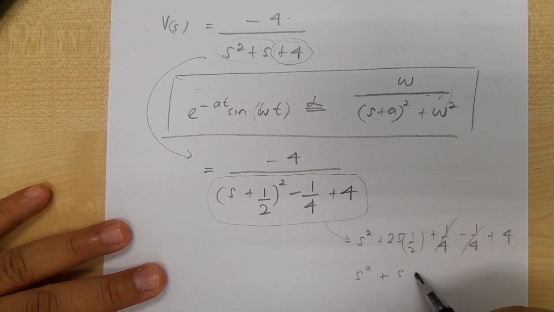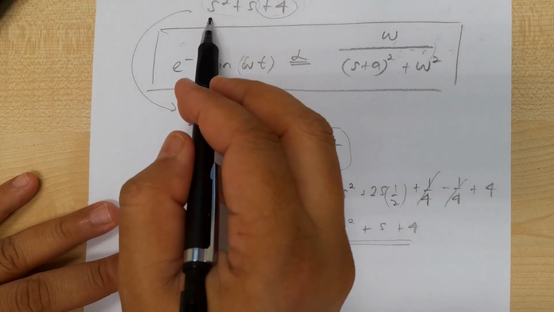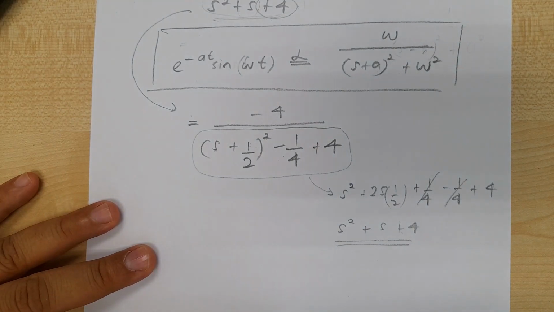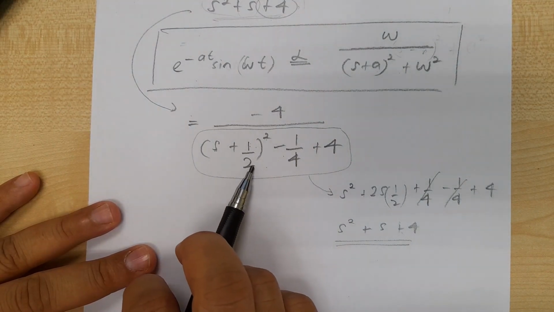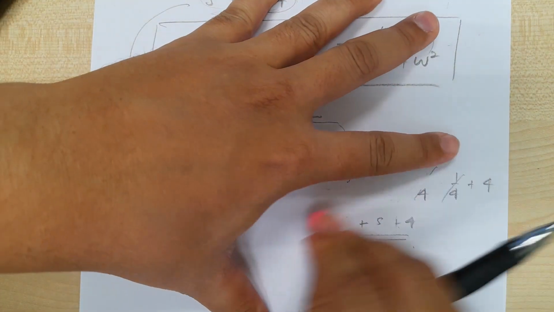Oh, this is plus, so we will get 4, right? Same value. So we just rearranged or represented it in a different way.